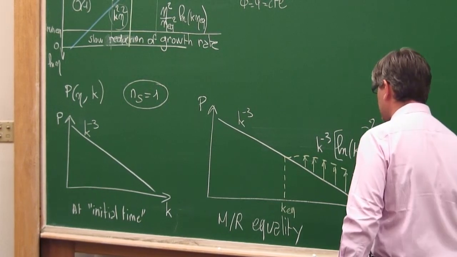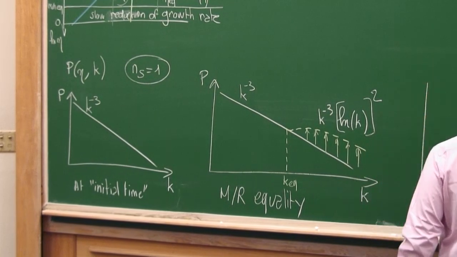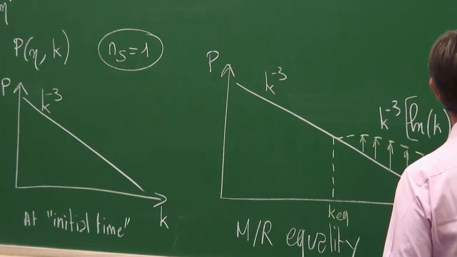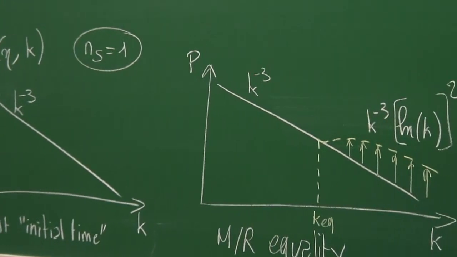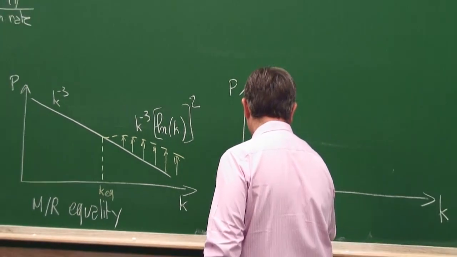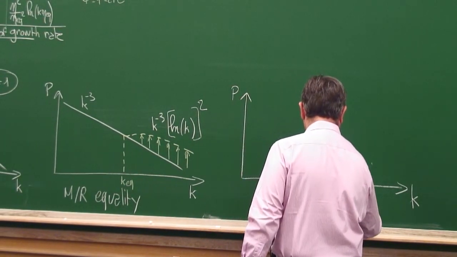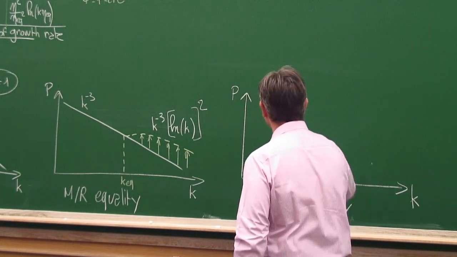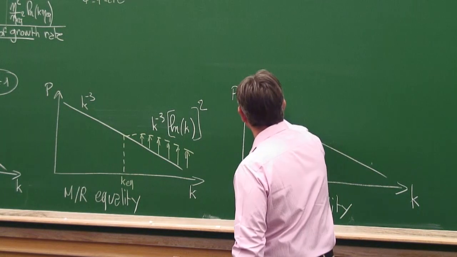And next, what happens if I follow my perturbations until sometime during matter domination? So let's go up to the time of matter-lambda equality. I started from this shape in k to the minus 3.